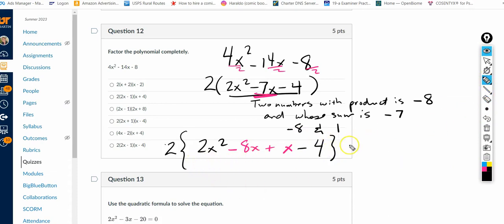And then I'm going to group these inside. So with that one, I can factor out a 2, and I'll be left with x squared minus, sorry, I can factor out a 2x, my bad. So with the numbers, I can factor out a 2, and with the letters, I can factor out an x. And I'll be left with x minus 4.